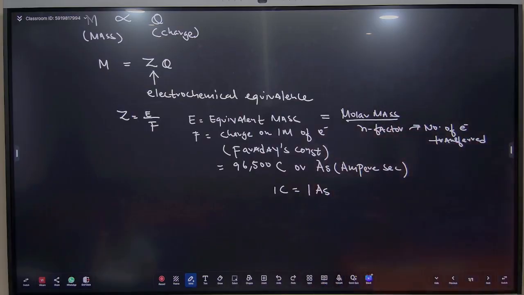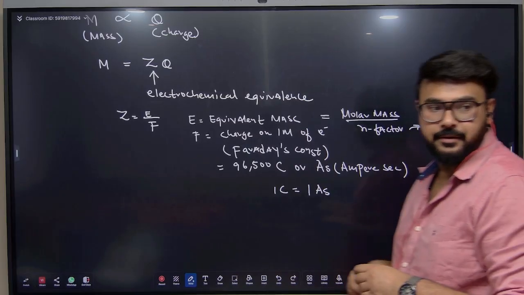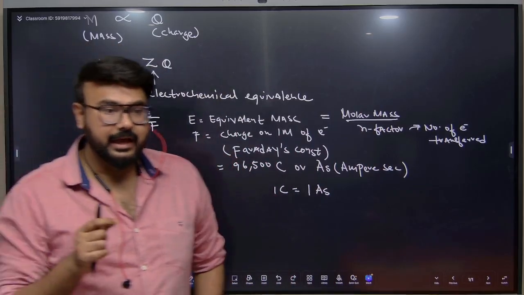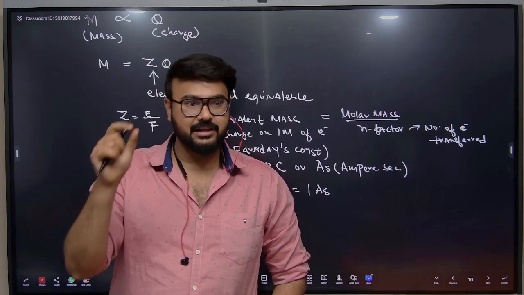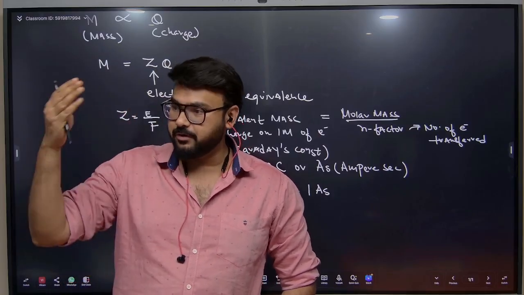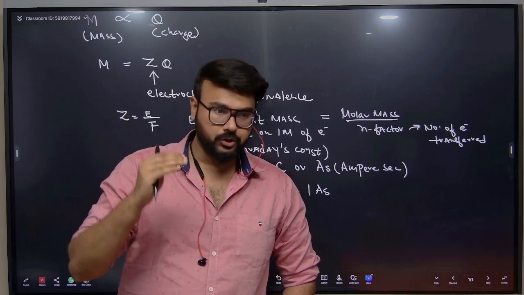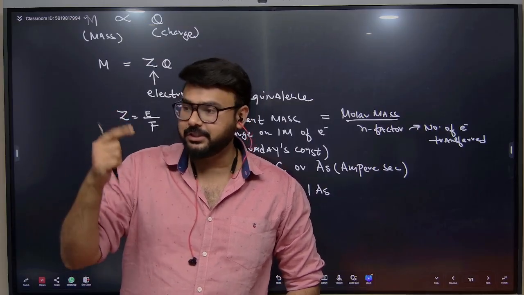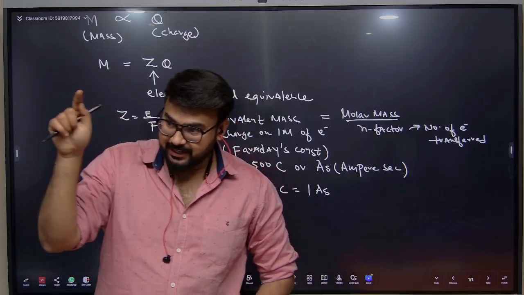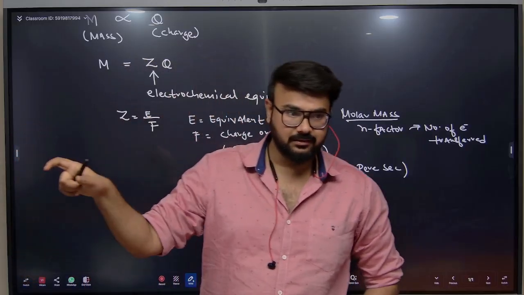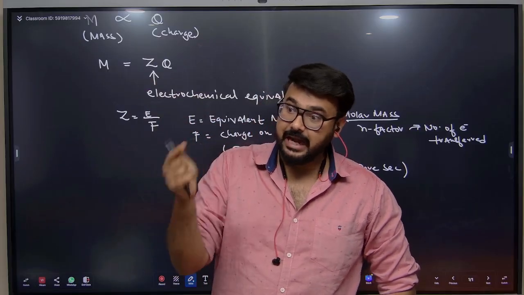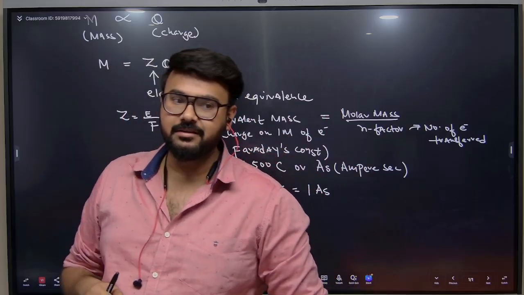Advait, Shreyan, and Advika, is it clear till here? Yes, sir. When you write the cell reaction for cathode, anode and overall, before we write the overall, we equalize the electrons of oxidation and reduction. At the point when the electrons get equal after multiplying and cancel out, that number is the n value. Is it clear?